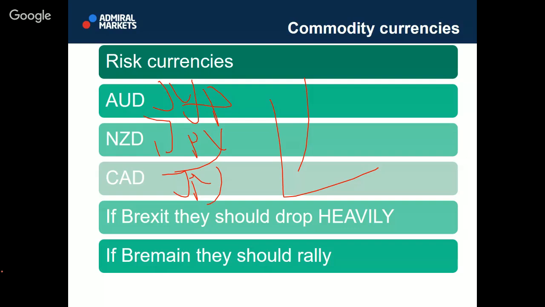We saw that on Euro Swissy when the SNB decided to drop the floor. A lot of platforms were frozen. There were gaps, liquidity gaps. So I'm not sure that it will be the same, of course, as for Euro Swissy. It will not be the same if the UK stays. Either if we see a Brexit, it will not be the same, but it will be huge, very, very huge.